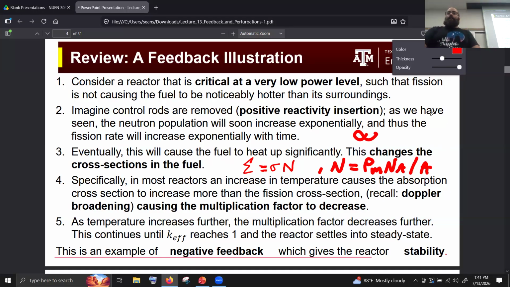And so if you have a temperature change, that's going to affect it. So rho sub m is the mass density, and I'm putting an m there so that we can realize that it's a different thing from the reactivity, which we also use the symbol rho for, and I'm sorry about that. But yeah, temperature changes will affect the density of your material, which will also end up affecting your cross sections.